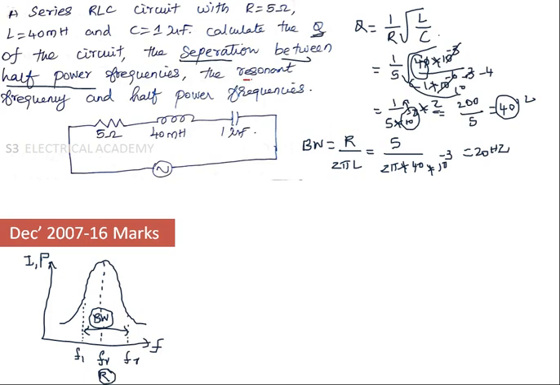Third one, the resonant frequency. Resonant frequency is FR, and FR is 1 by 2 pi root LC. So FR is equal to 1 divided by 2 pi root of L value 40 into 10 power minus 3, into C value 1 into 10 power minus 6.